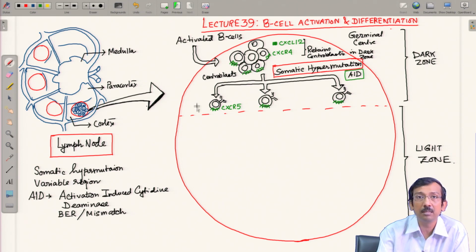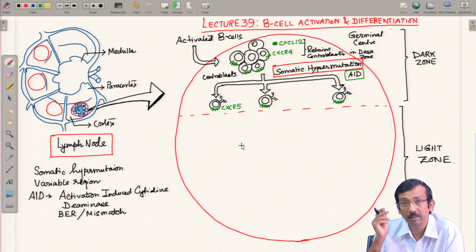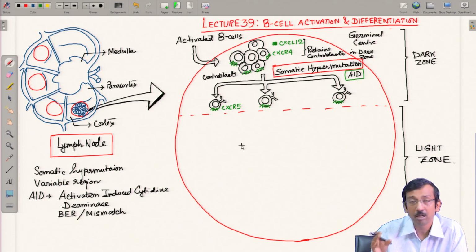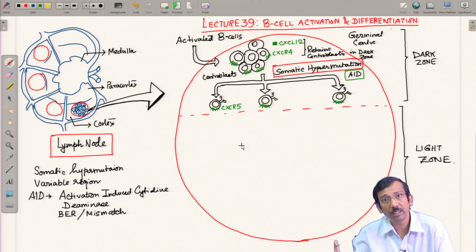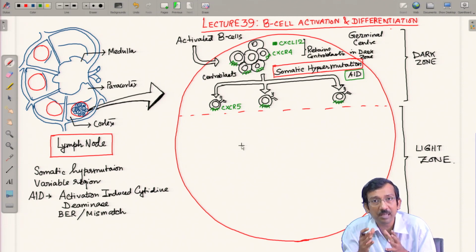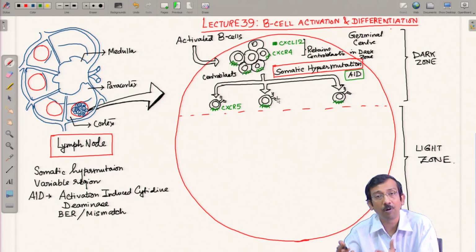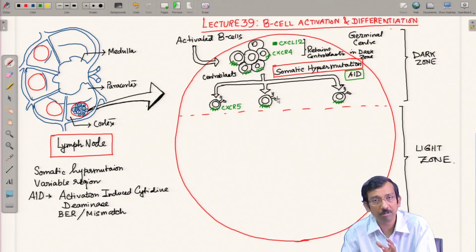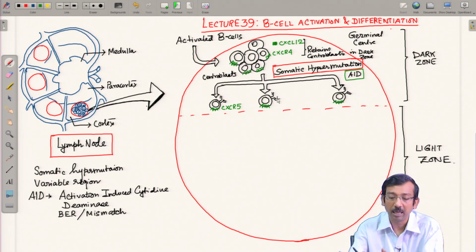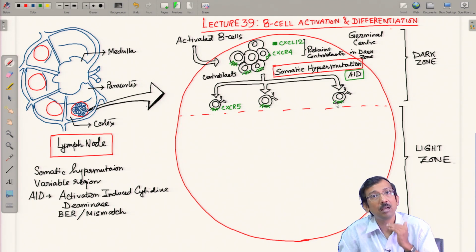Now these centroblasts in the dark zone have proliferated and undergone somatic hypermutation, with point mutations introduced in the variable regions of their heavy and light chains. So now they are not the same. Maybe this one has a very high affinity for the antigen, and let us say this one does not have a high affinity, so its affinity has reduced.